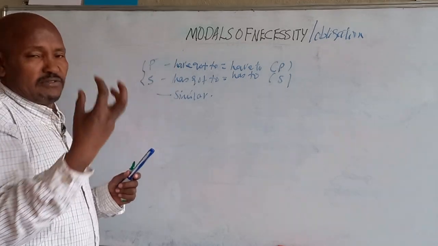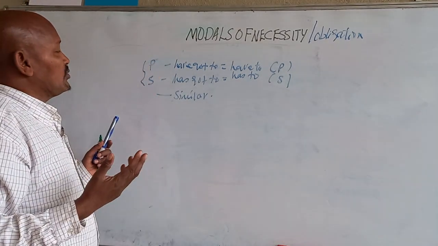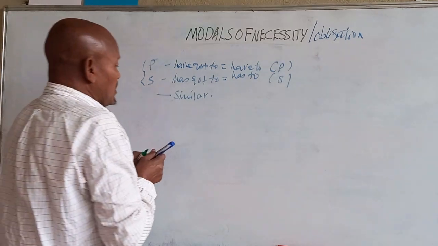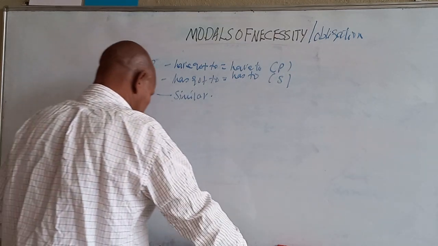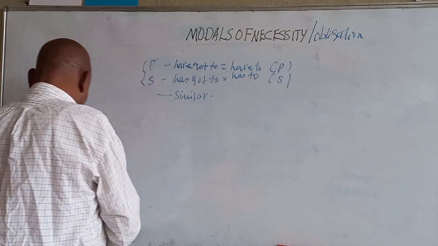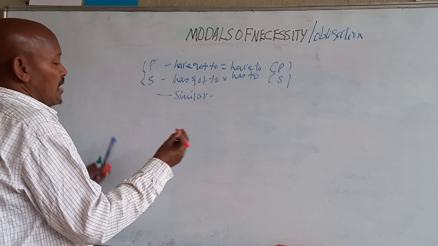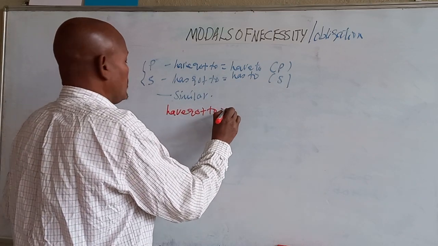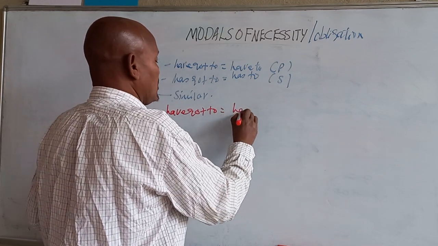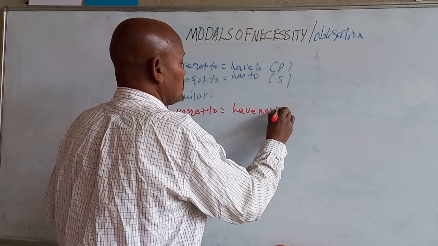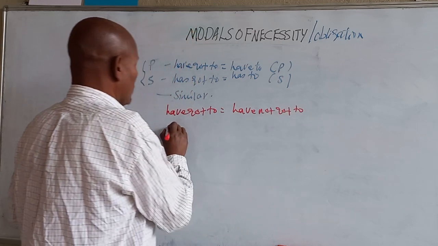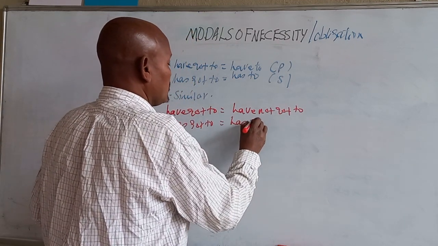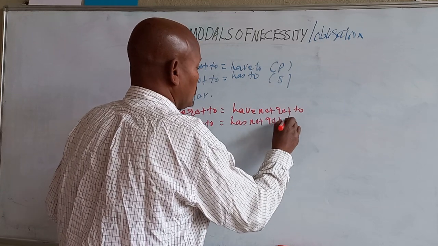So they are important to express our necessities and obligation. I'm going to give you some examples of how we use have to and have got to or has got to. So the negative forms of these two are, look, have not got to, or has not got to.